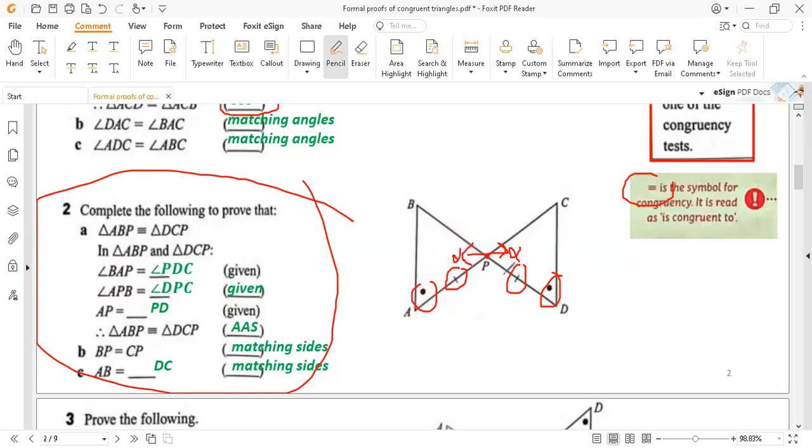So we can say that these two triangles are congruent by AAS. And the same here for the test, we use two angles. It remains one angle. The remaining angle, for example this one and this one, for sure are equal because it is a natural result of having congruent triangles.